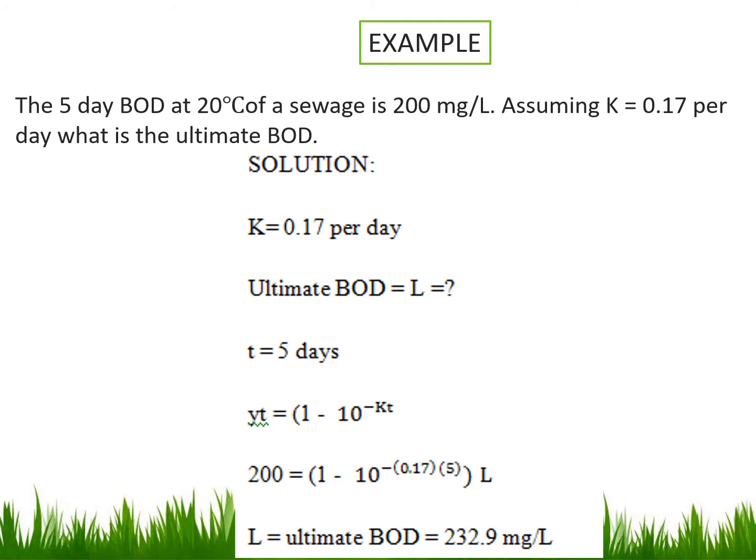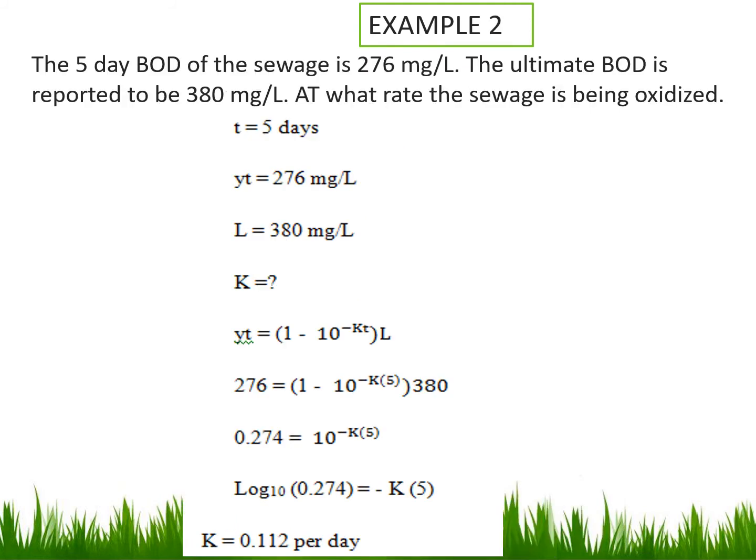I'm more interested in ultimate BOD, so please clarify what ultimate BOD is. And then Yt is also important. In other words, we talked about it as BODt. What is BODt? Please check it. Two important things, ultimate BOD and BODt. Please go through these examples. It will clarify your concepts.